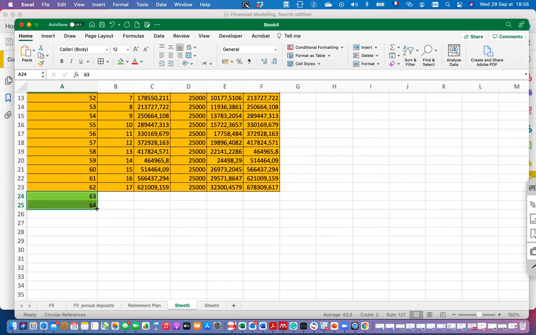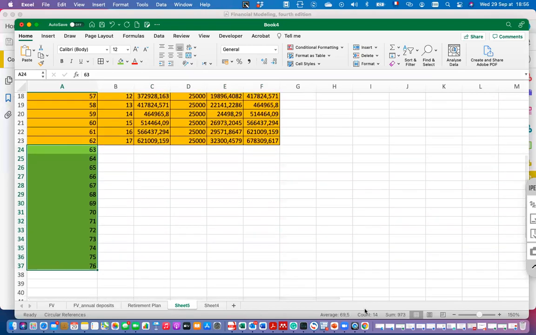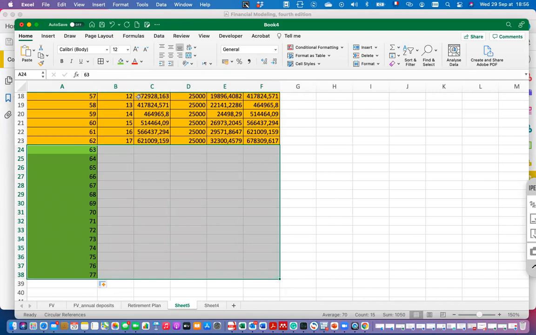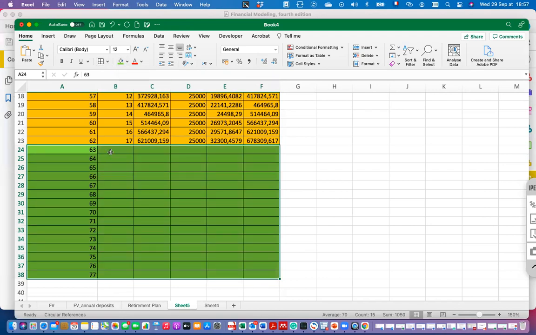I need 15 years, since I'm expecting to live 15 years after retirement. I will select this and scroll down. See the count here, 14, so I need one more year: 77. So my retirement period will start at age 63 and end at age 77.